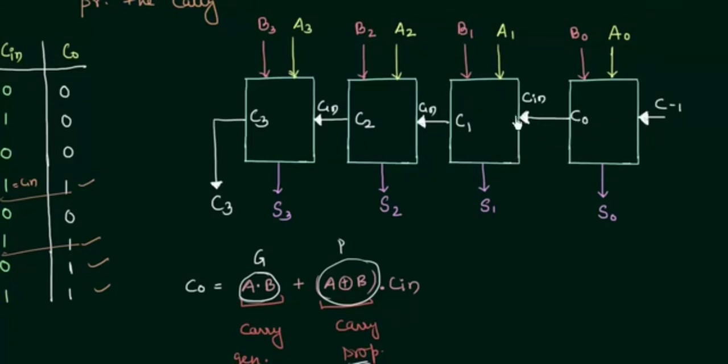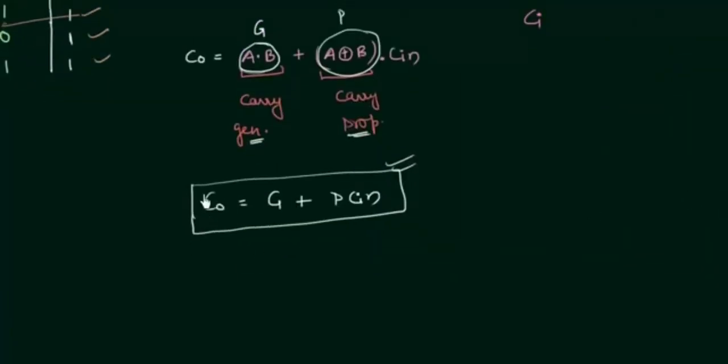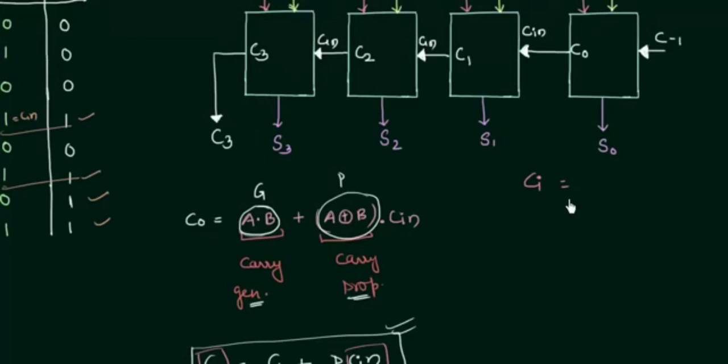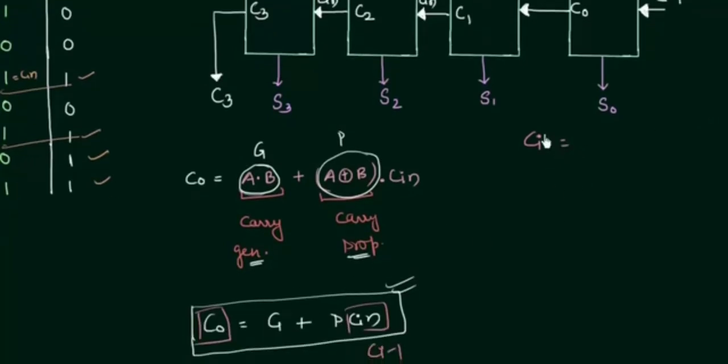Similarly, if C0 is your carry input, C1 is your carry output. So I can say that Ci is there if I talk about this part, okay, and C in will be Ci minus 1. So all we are doing here is the generalization of this equation. Okay, so Ci equals G or P Ci minus 1. We have generalized this equation.